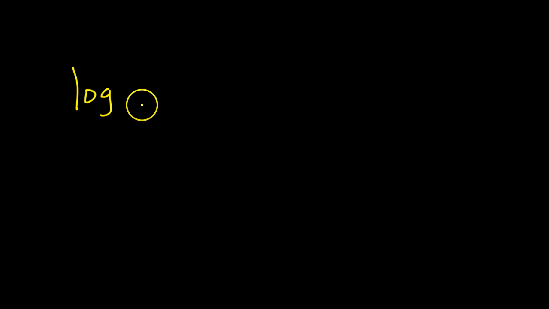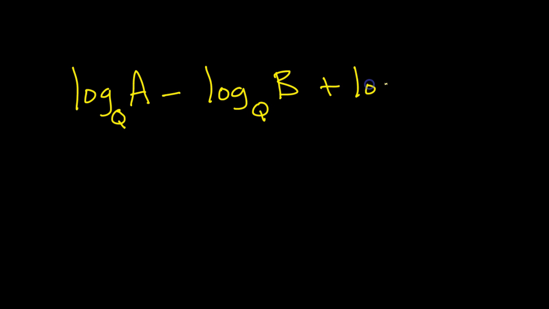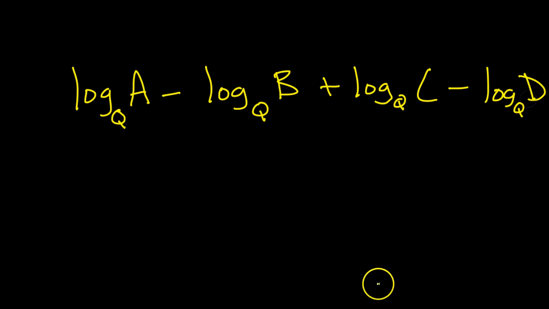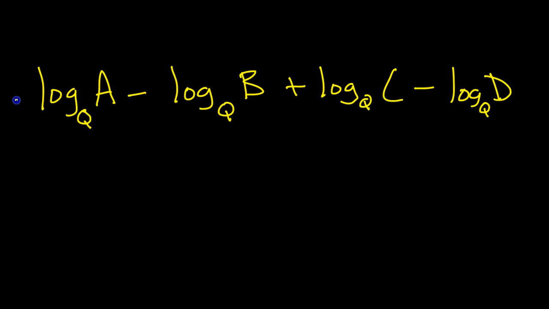So say if I have, let's see, log base q of a minus log base q of b plus log base q of c minus log base q of d. Okay, so I have the quotient rule and the product rule all mixed in together.